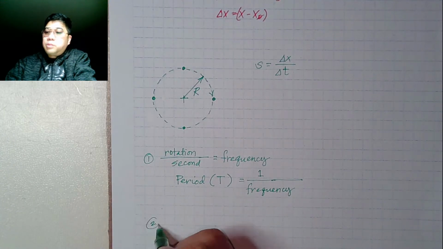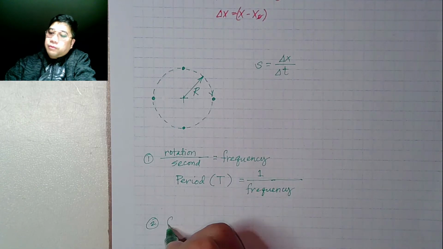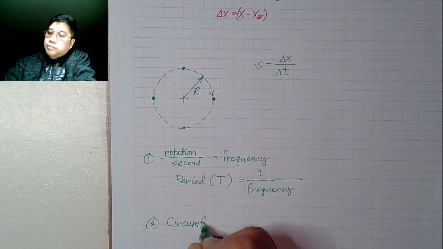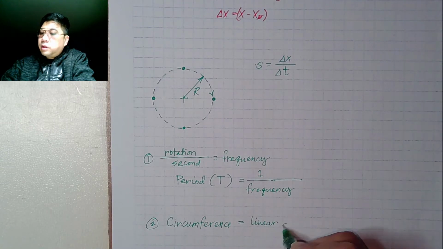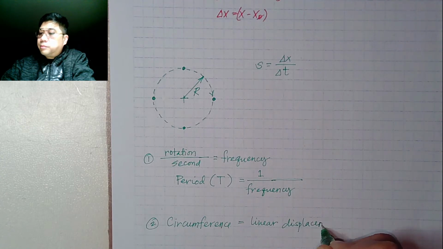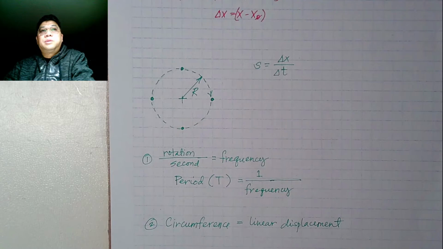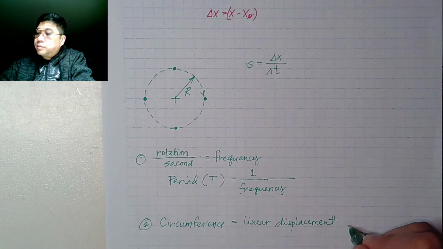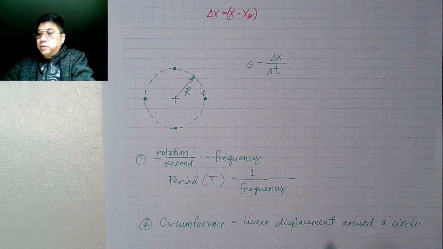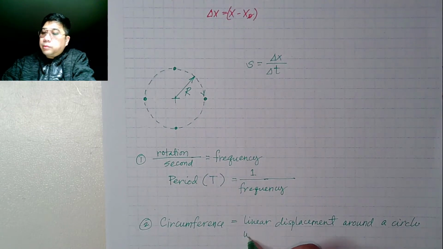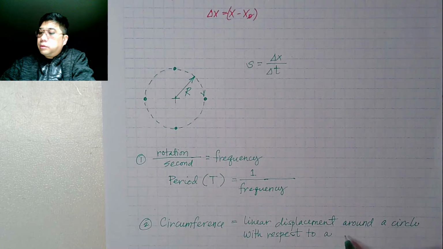Now how about the displacement, delta x? Circumference is the linear displacement around a circle, the circumference around the circle with respect to a known radius.